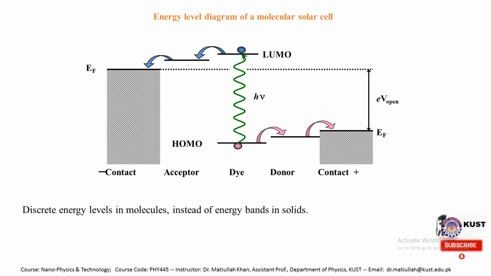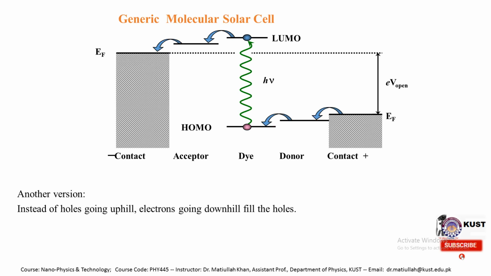So that could be utilized. We have generic molecular cells as well, which use the same process of HOMO. Instead of holes going uphill, electrons go downhill to fill the holes. That is also another process in which current is created, and that potential difference is utilized.